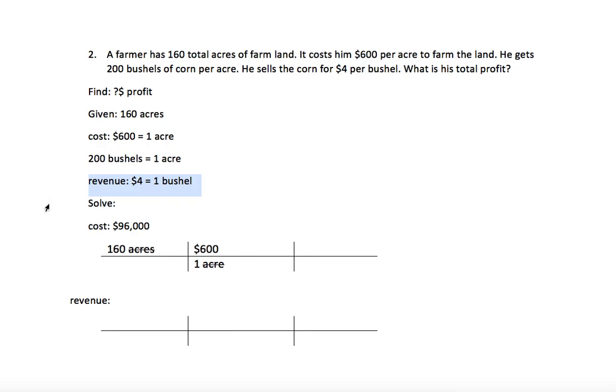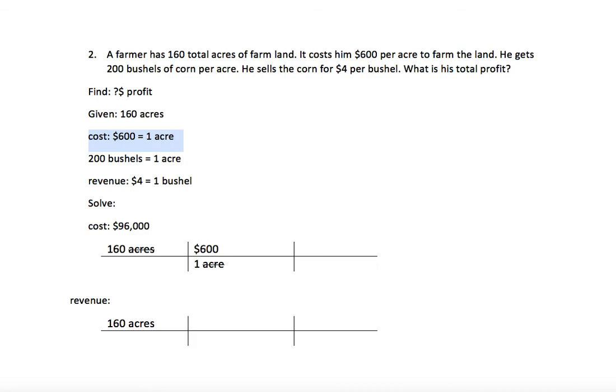we've got $4 equals 1 bushel, 200 bushels equals 1 acre that we haven't used. So we're still talking about acres, and so even though we've already used 160 acres, we're going to use it again here. We only want to use things either related to the revenue or just general things about the farm.